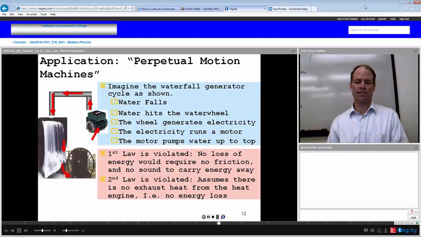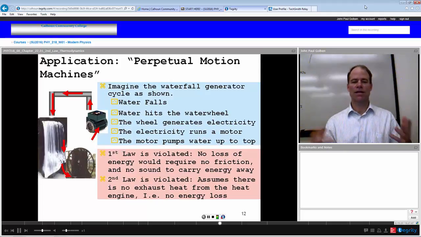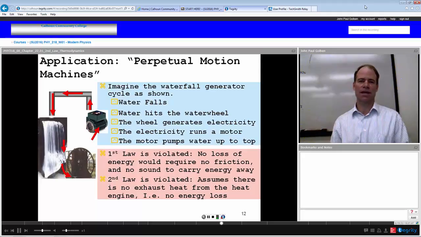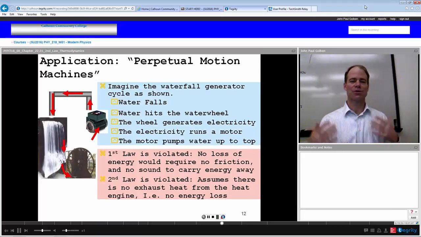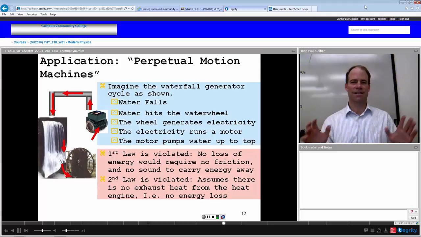Also, it would violate the second law, because if there's no exhaust heat from any of these processes, no heat engine, no energy lost, then you would have 100% efficiency, and that's not possible. So you couldn't have 100% efficiency, you couldn't have 100% conservation of energy. A perpetual motion machine is impossible.